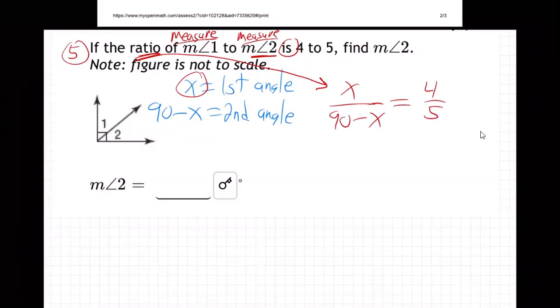See how we came up with that equation? The ratio of angle 1 to angle 2, angle 1 formula over angle 2 formula, right? See how I grabbed those? Is equals, that's your equal sign. Equals 4 over 5. So there's our little equation.